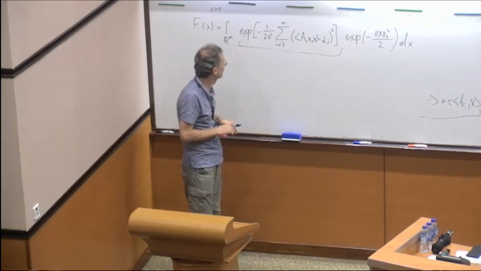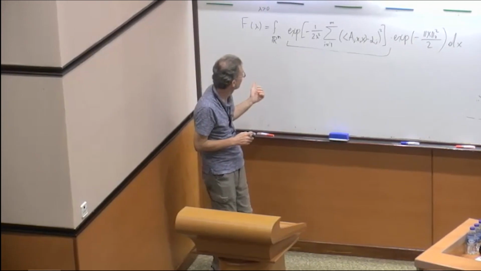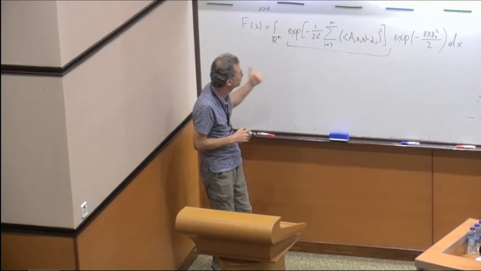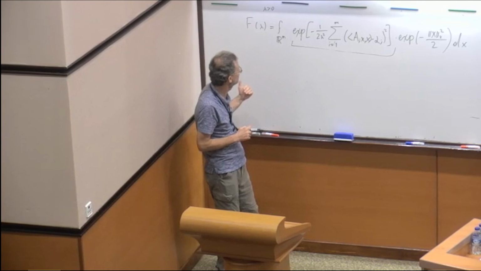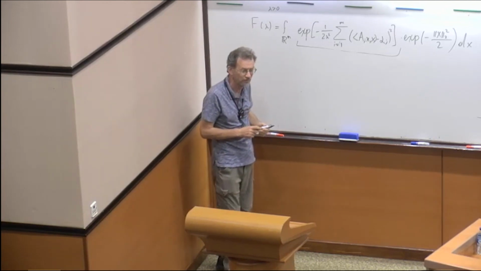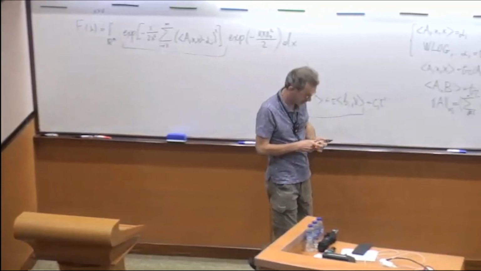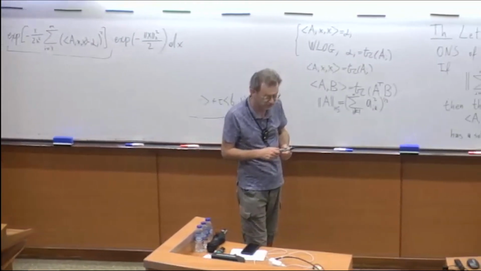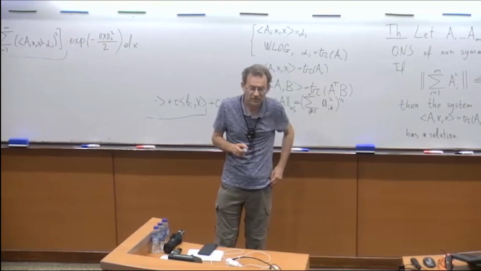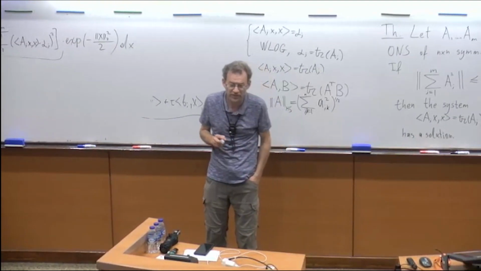And then one can consider an asymptotic of this function as lambda tends to 0. Of course, dominated convergence says that these integrals will converge to 0, but they are going to converge at a different pace.